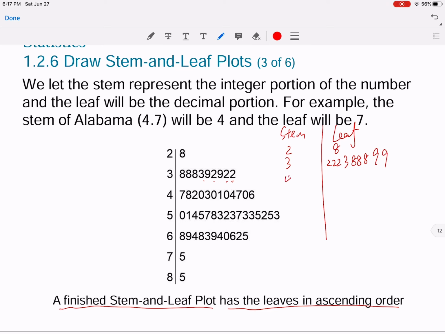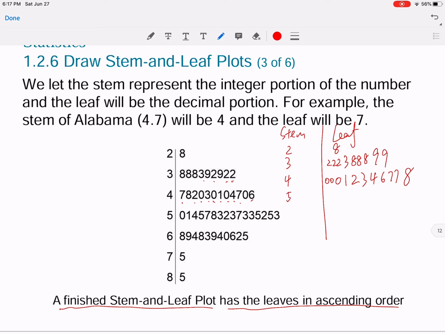For stem 4, we get 3 zeros, and then a 1, a 2, a 3, a 4, a 6, and two 7s, 7, 7, and then we have 8.